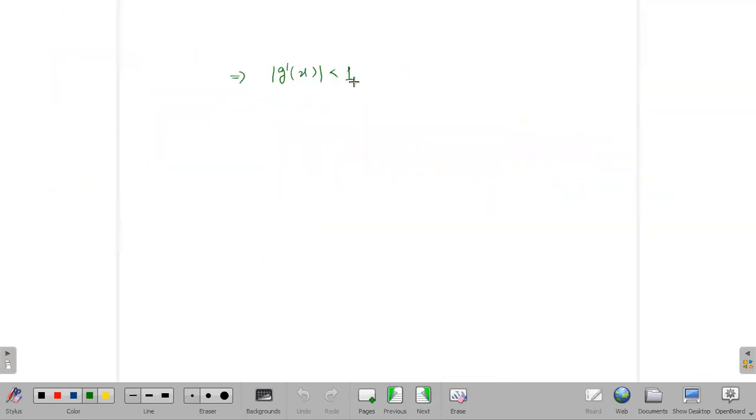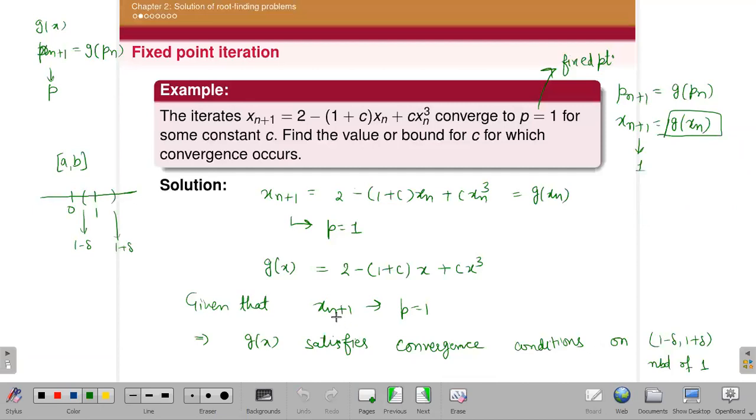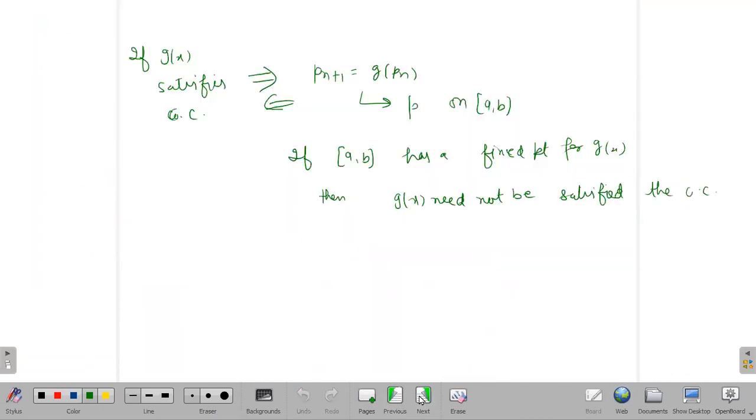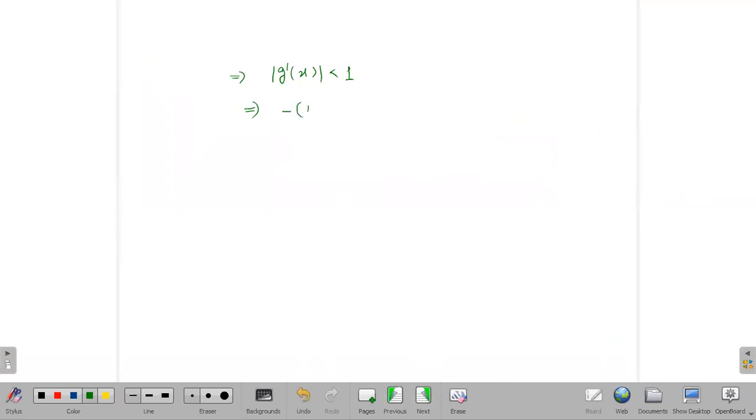So g dash x is less than 1. So it means derivative, what is the first derivative? It will be 0 minus 1 plus C plus 3C x square is less than 1.